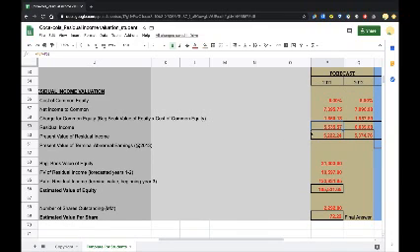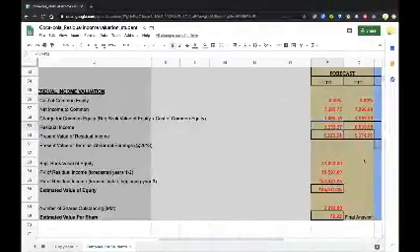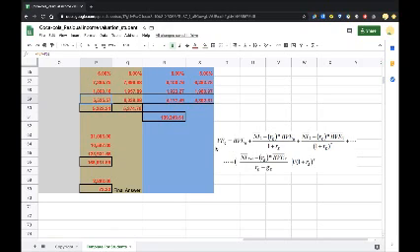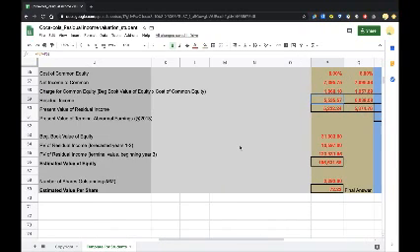Next we have to find out the present value of residual income, because the market value of equity is essentially the current book value of equity plus the sum of all the PVs of residual income. That's why we have to find the PV of residual income.